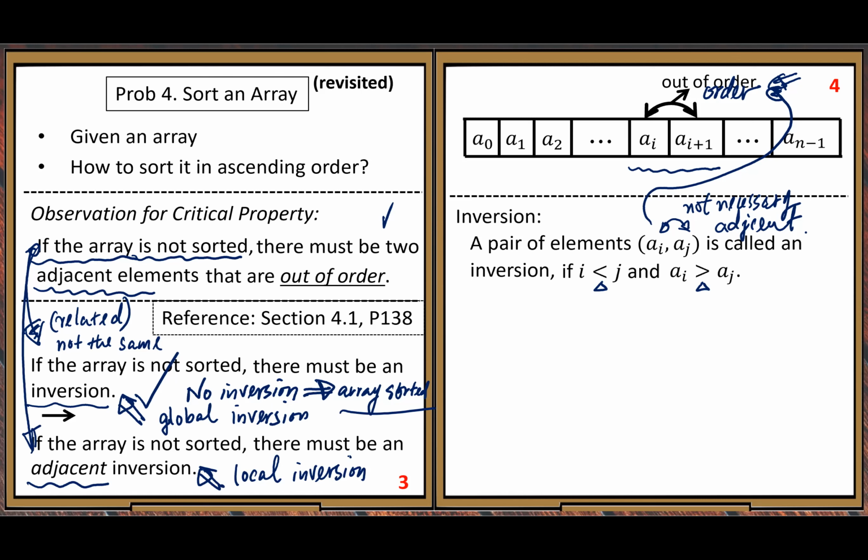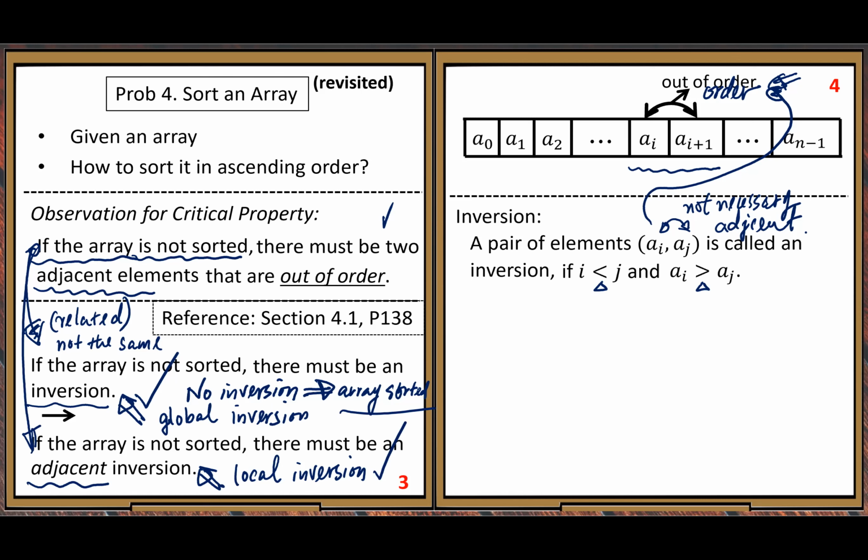Remember when we did that greedy algorithm, we used local and global views, right? Here, we use this view another time. Local inversion, global inversion. When we work on this particular problem, which way would be easier for us? Local view or global view? Local view, right? Local is easier.